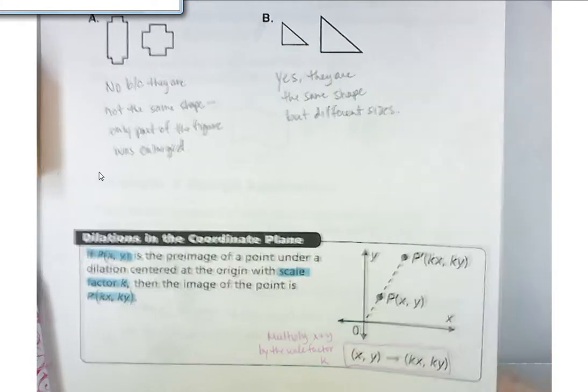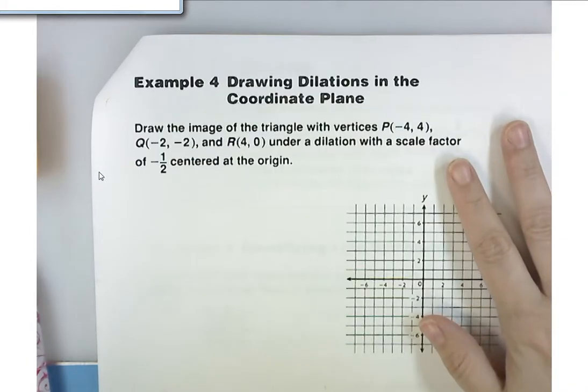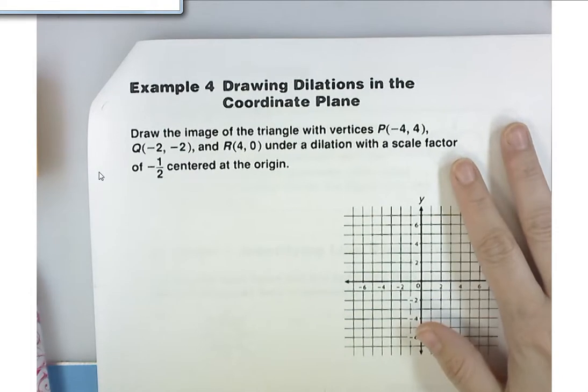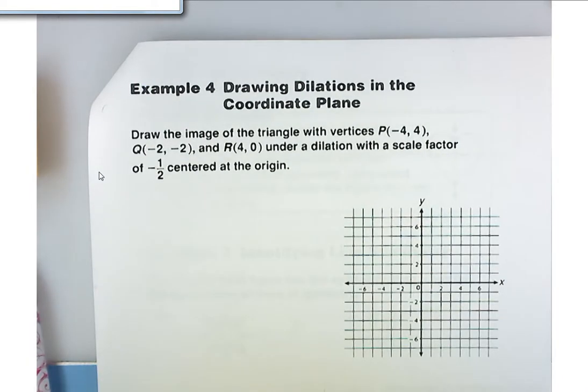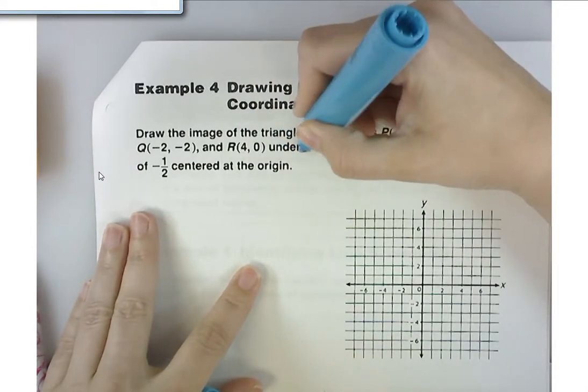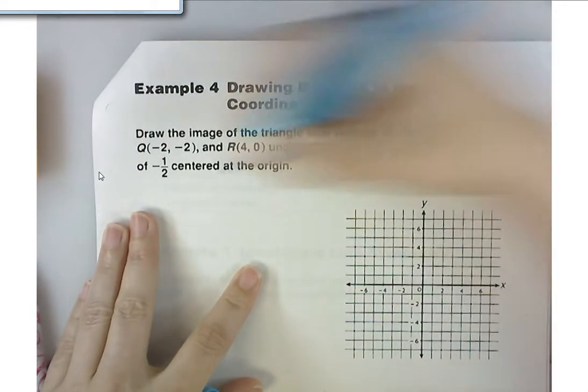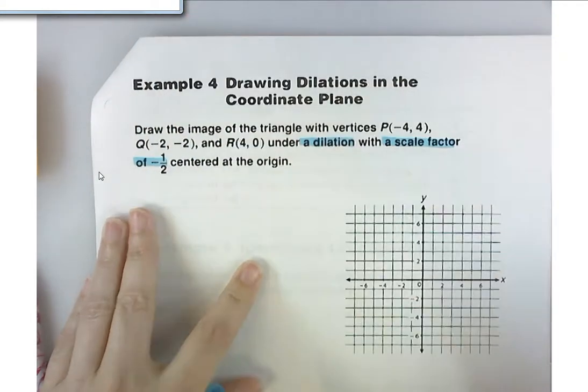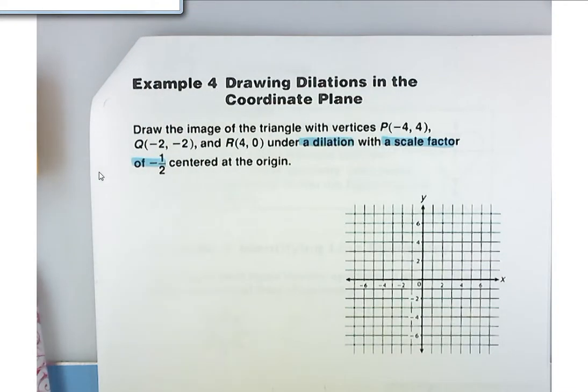Alright, ready for your last example of the year. Okay, so we're drawing dilations in the plane. So we're going to draw the image of the triangle with the given vertices under a dilation with a scale factor of -1/2, and it's going to be centered at the origin.